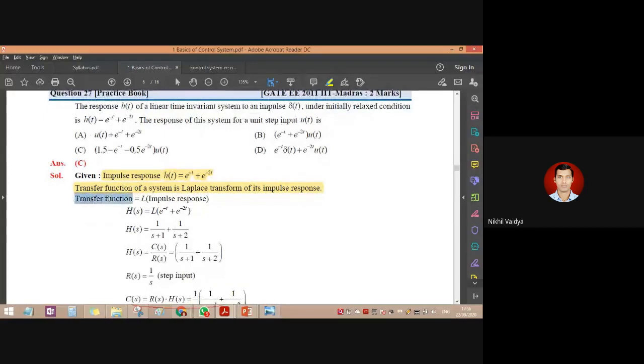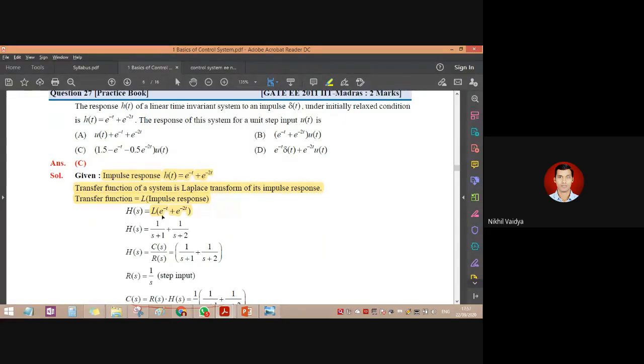So first we calculate the transfer function, just by taking the Laplace of the impulse response. If we take its Laplace transform, what do we get? Laplace of e raised to minus t plus e raised to minus 2t gives 1 upon s plus 1 plus 1 upon s plus 2. Because see, for 1 upon s plus 1, the sign in the exponential just changes.